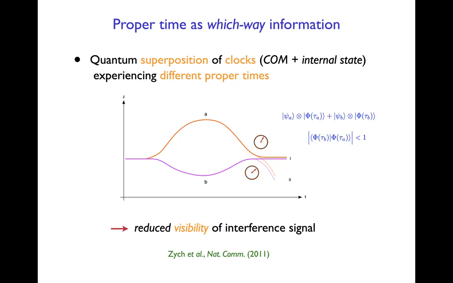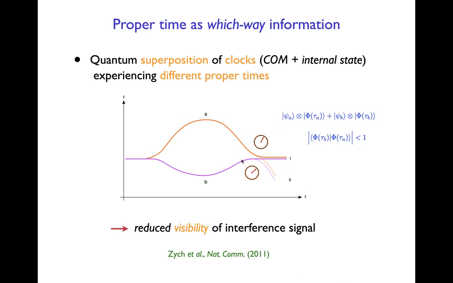And then the description of the experiment would still involve some quantum state for the center of mass degree of freedom, but also some internal state that now has a non-trivial dynamics that will encode the dynamics of this internal clock.